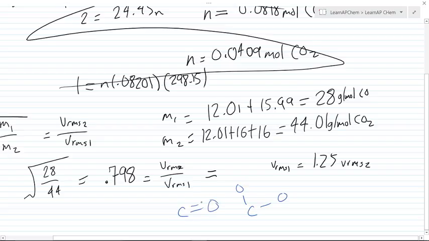This one has a lower molar mass, so it's going to move through faster when compared to carbon dioxide, which has a higher molar mass.